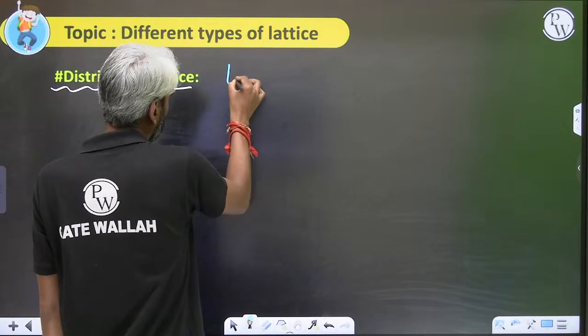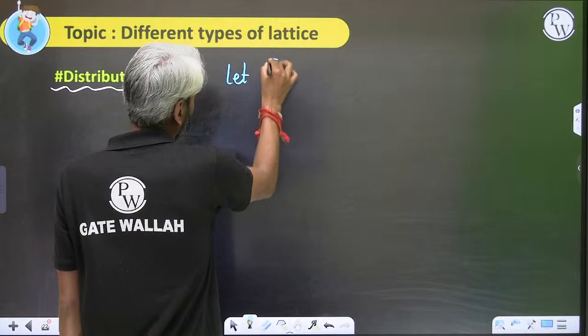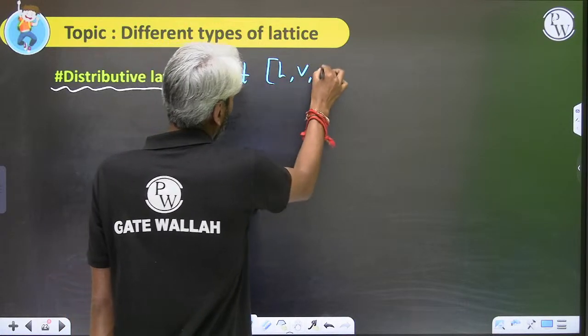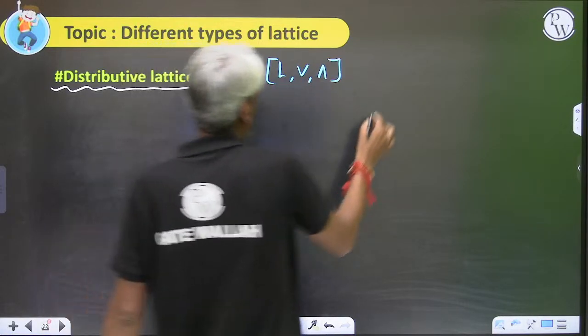What does it say? Let the set L with respect to least upper bound and greatest lower bound be a lattice.